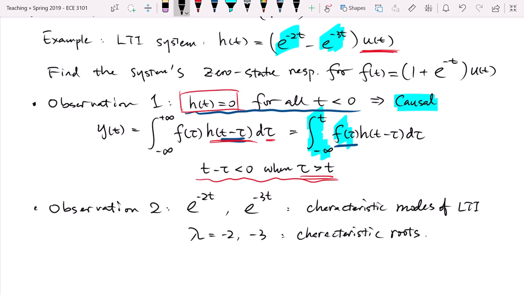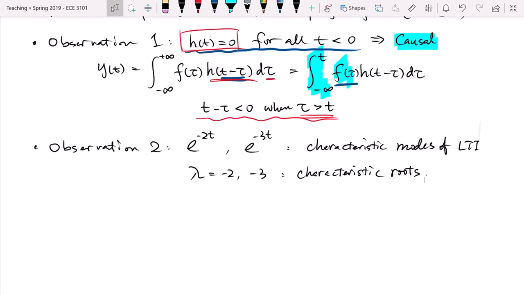In other words, from your unit impulse response, you should be able to find the characteristic modes and the characteristic roots by extracting the exponential components. And you have to pick all the terms. If there's a 1, that means it's e to the 0t, right? So 0 will be one of the characteristic roots. So these two observations are important, especially the second one. You can use it to extract some of the most important information from a given system.